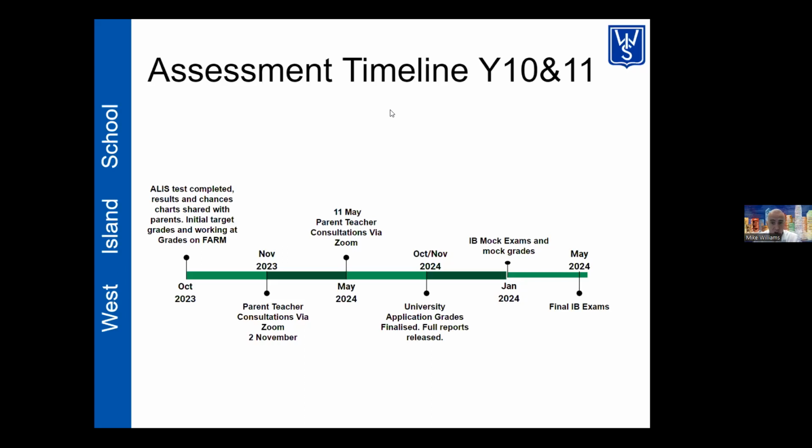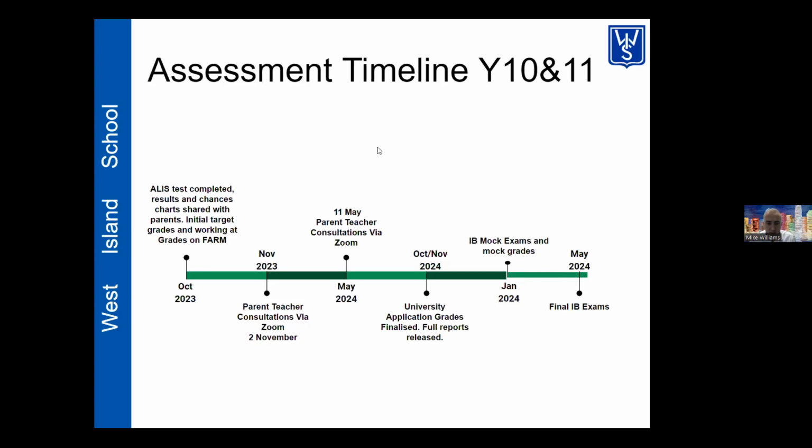Teachers will start to enter what we call working-at grades on the portal. By the end of October, by about half term, that should all be done. There are upcoming parent consultations next month, so do keep looking at the portal for the latest grading information, and then you can have an informed conversation with teachers on the 2nd of November.